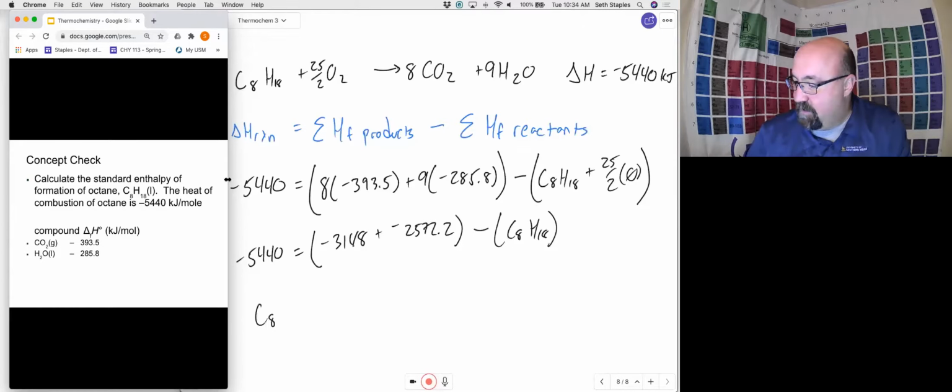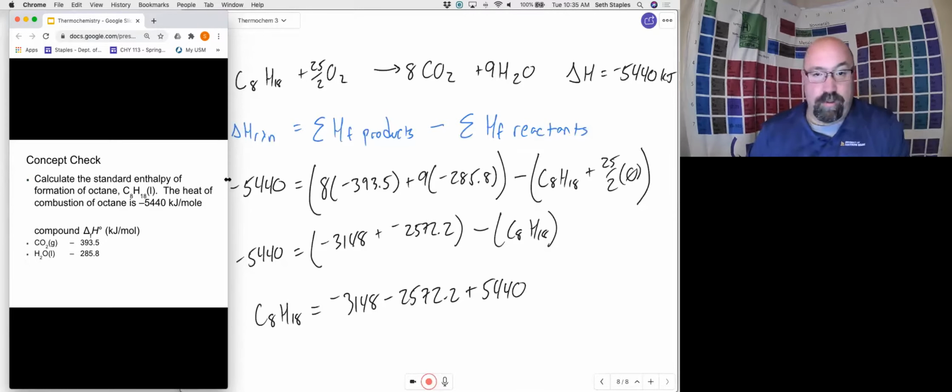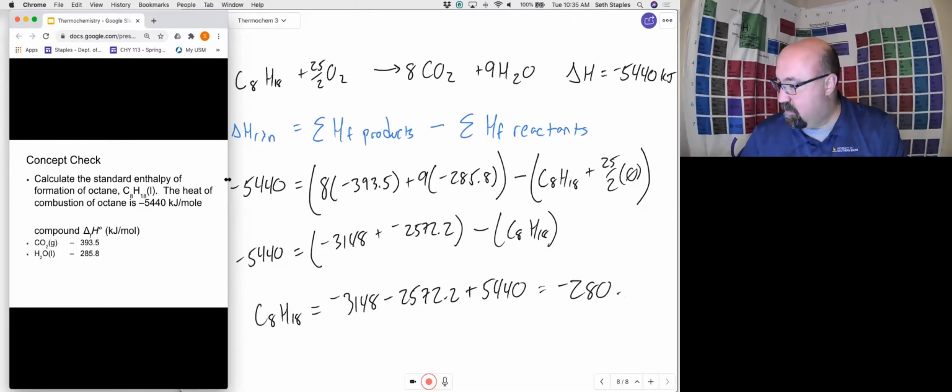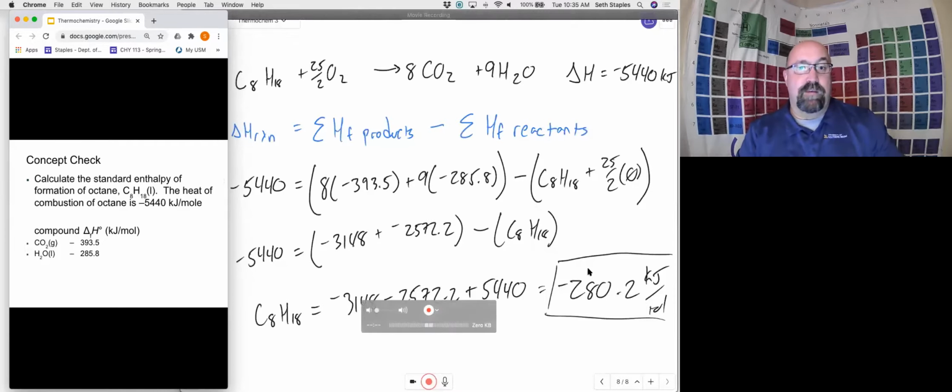We add the delta HF of C8H18 to both sides, and add 5440 to both sides. Just look through the algebra, make sure for yourself that that works out. But then we do that out and we get a final number of negative 280.2 kilojoules per mole, which is our delta HF of octane. And there it is.